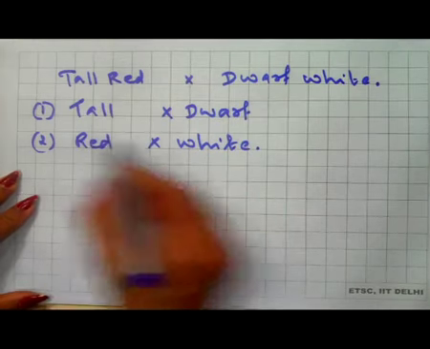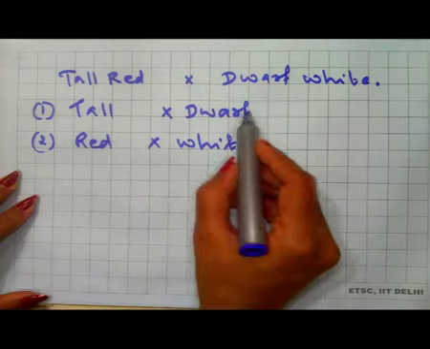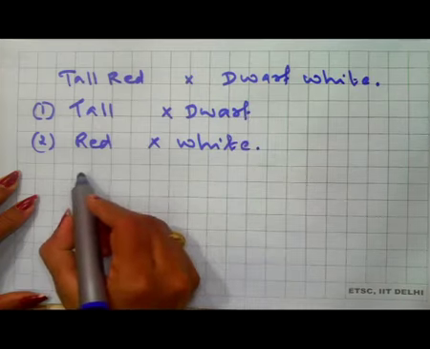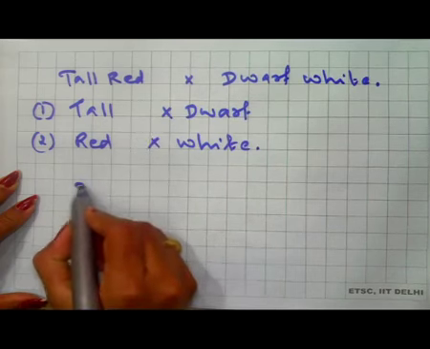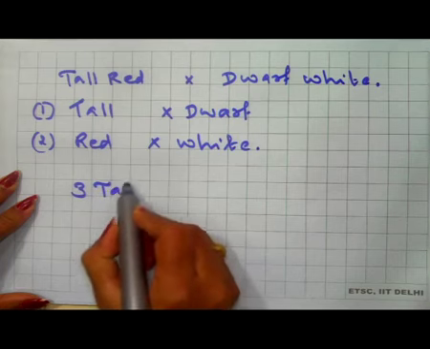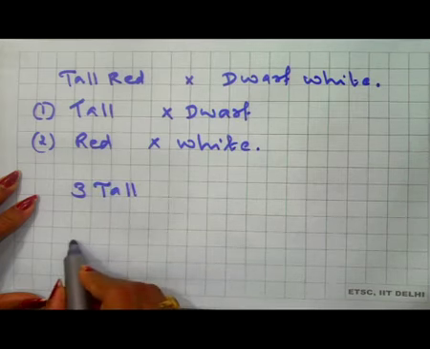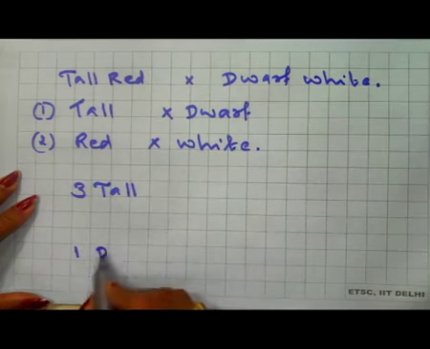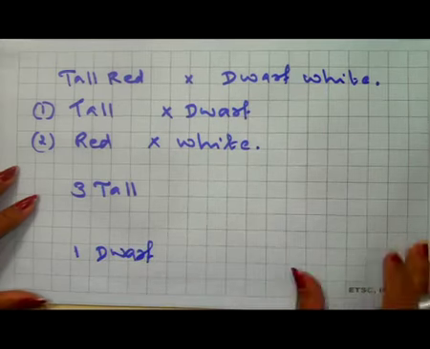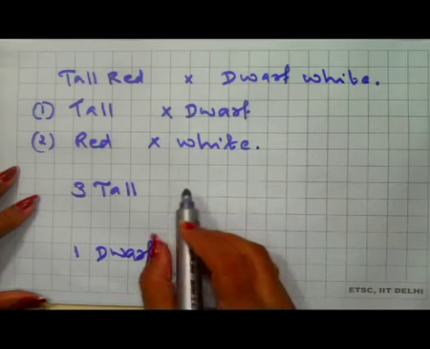So, consider the first case, tall into dwarf, the monohybrid cross. Here the phenotypic ratio is 3:1, that means 3 tall and 1 dwarf. Now, the second cross is red into white.